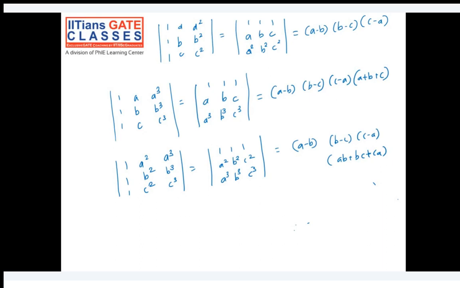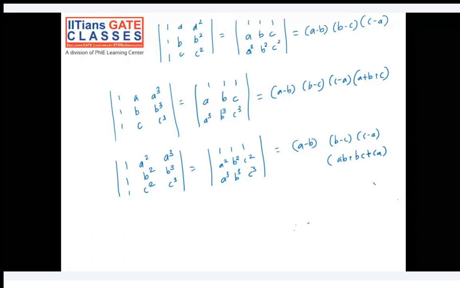Is it clear? Can I proceed to the next slide? Okay. The next point which we are going to study is inverse of matrix.